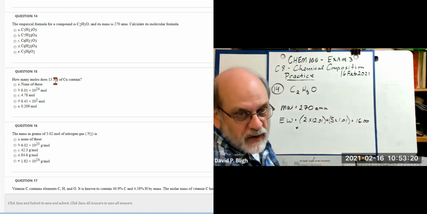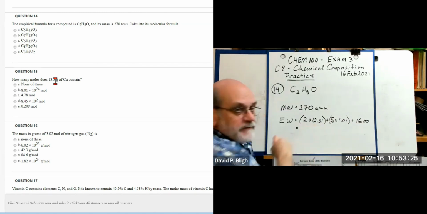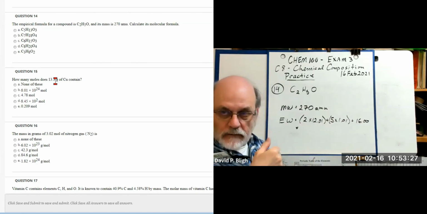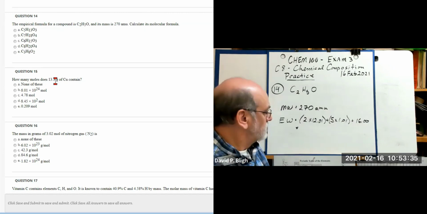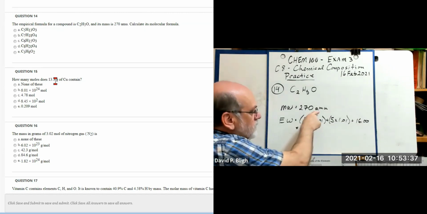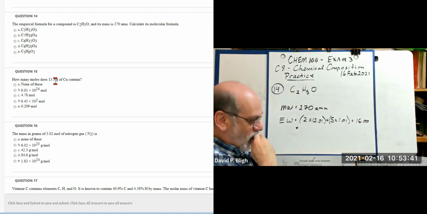Now let's see what the empirical weight would be, because these values can be either grams per mole, or atomic mass units per atom. And that's what we're doing here, because that's in atomic mass units.